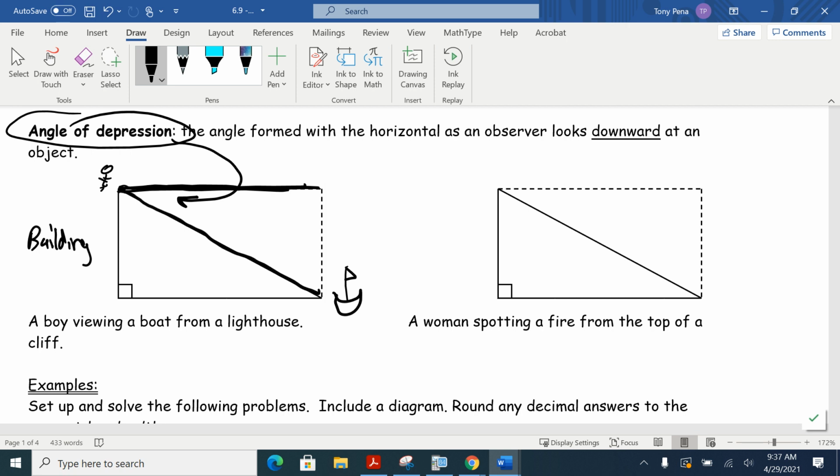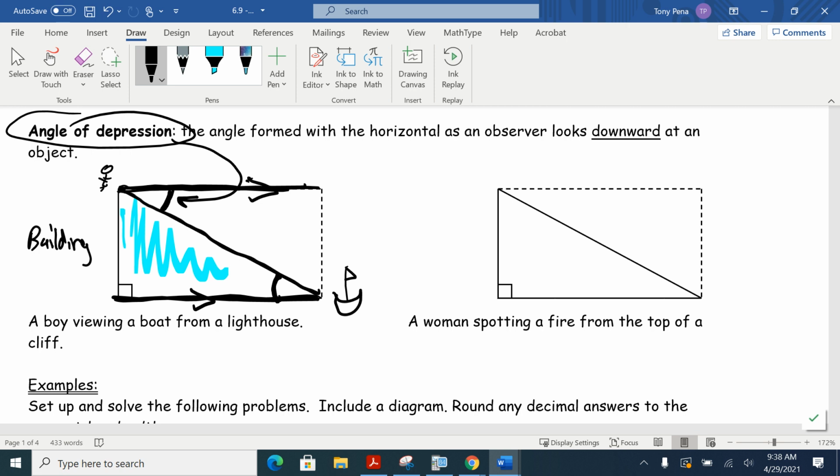Now, what's going to happen a lot with these? If this is the triangle, recall that if this is a horizontal line, isn't this also a horizontal line? That means these are parallel. And then isn't this angle here, and an angle that's inside of our triangle, alternate interior angles, correct?